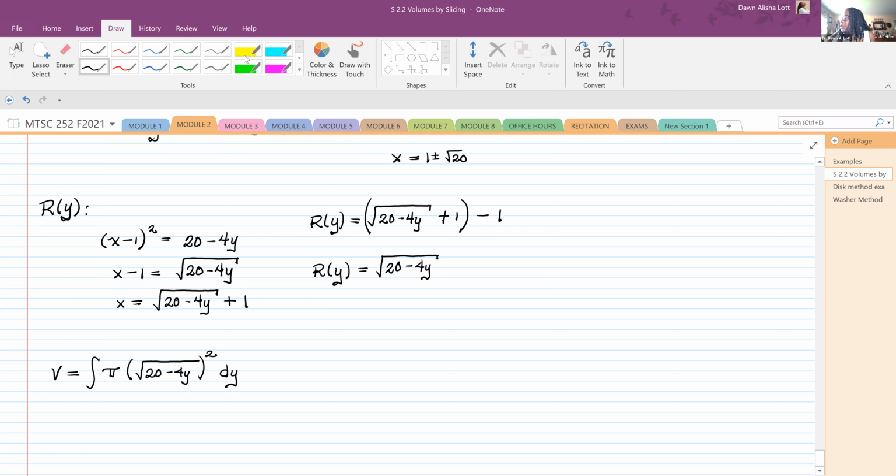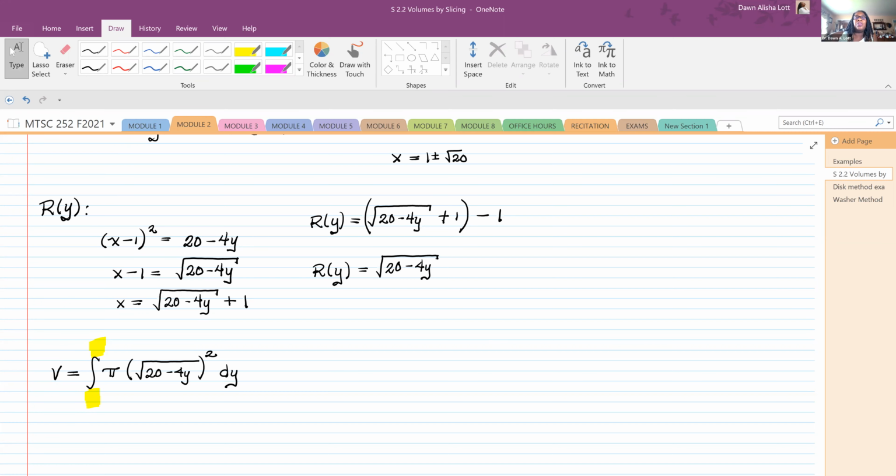So what is missing? I believe the part that is missing is the boundaries. Good, the limits of integration.